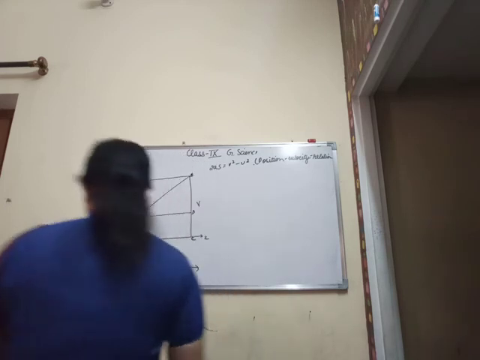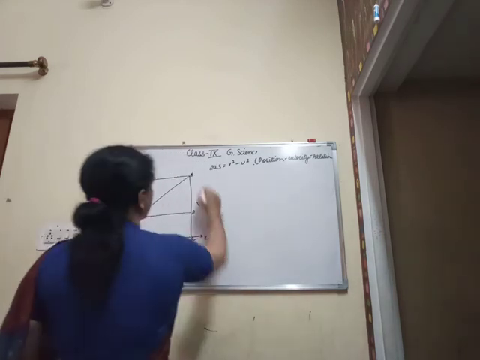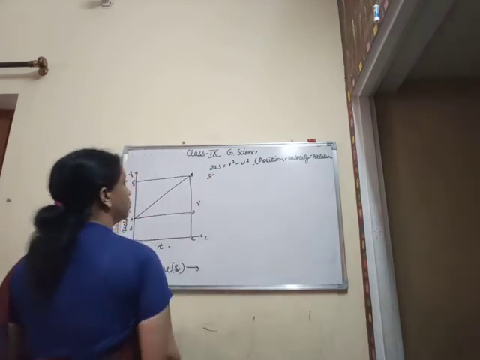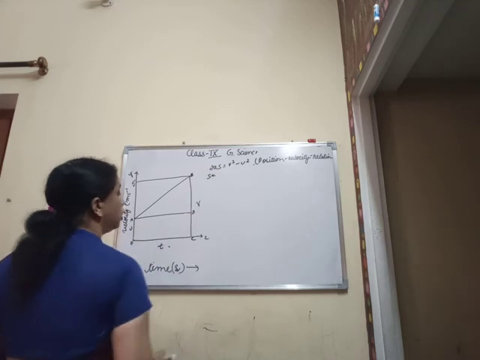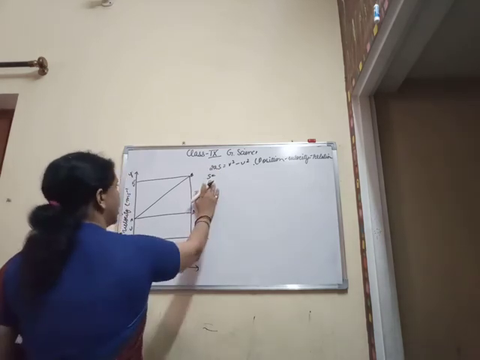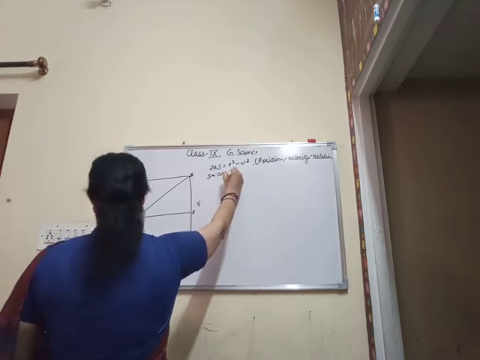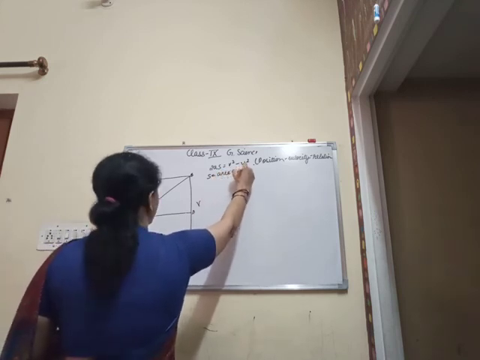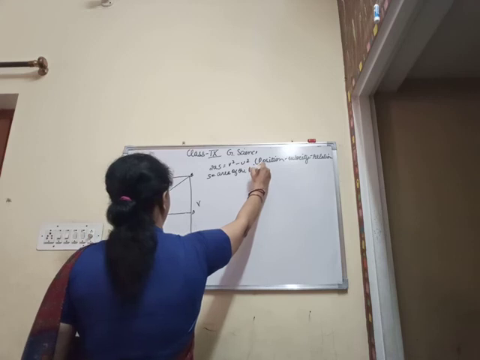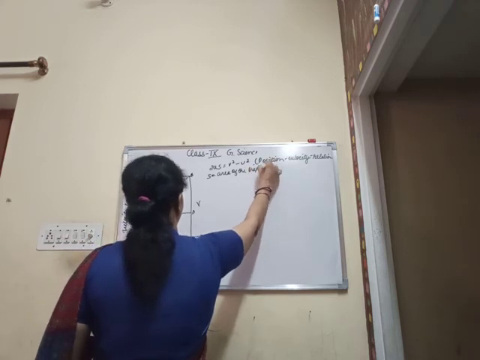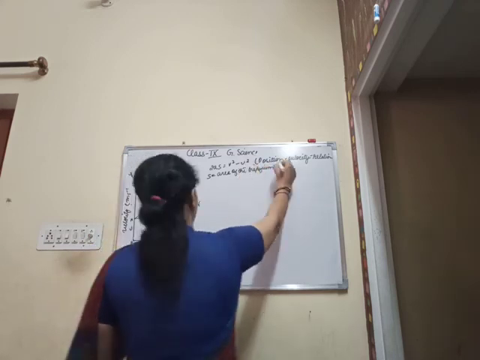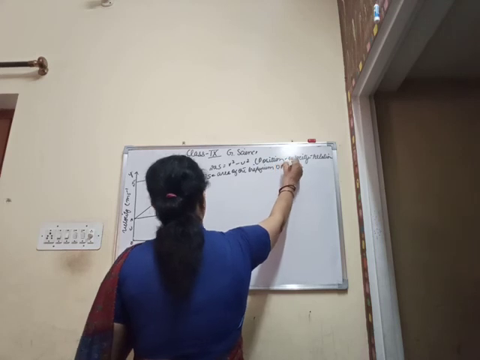Now again coming back, S. Since we are dealing with the position, here we have to find out the total distance covered by the object. So S is the distance and it is equal to the area of the trapezium OABC.